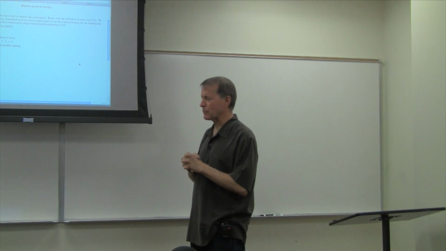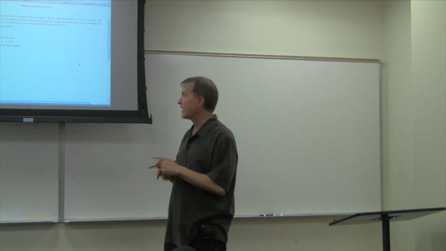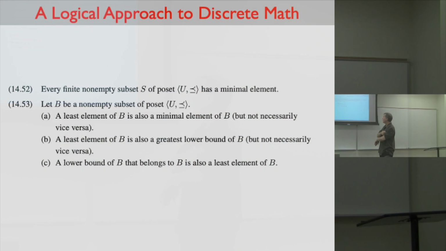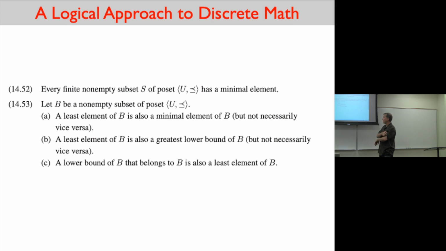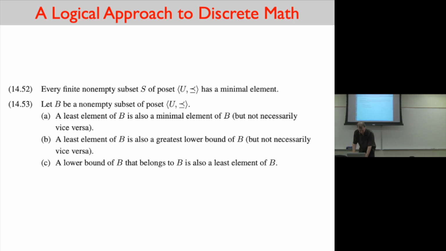Okay, so the first proof that we had after the previous exam was to prove 14.53a. Let's take a look at it up here. 14.53 says let B be a non-empty subset of poset U, and this was, what do we call that?